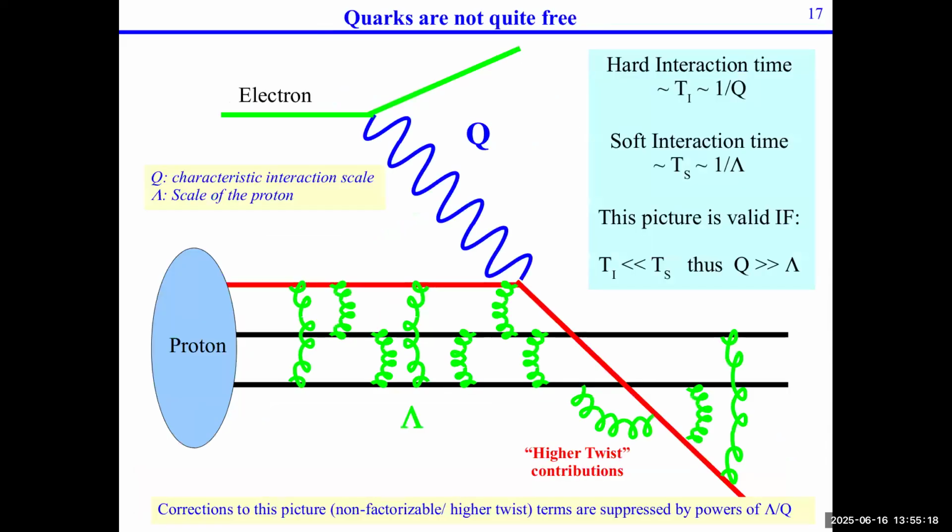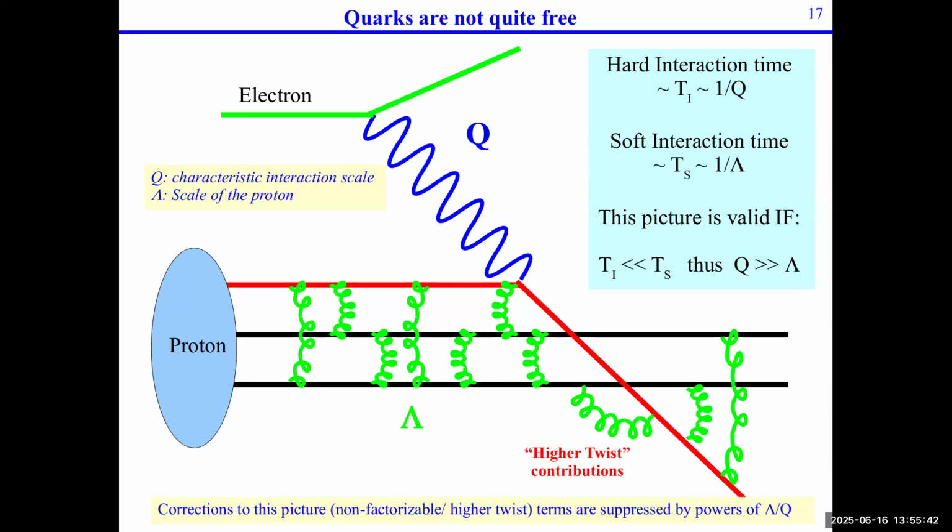But of course, that's not the whole picture. We've got all these nasty gluons coming in. And those gluons can connect things and smear things out. They can also make quark antiquark pairs. But the key element that we're going to use here is the fact that the scale involved in our hard interaction, that is the scale Q, is much higher than the characteristic scale of what's going on in the proton.